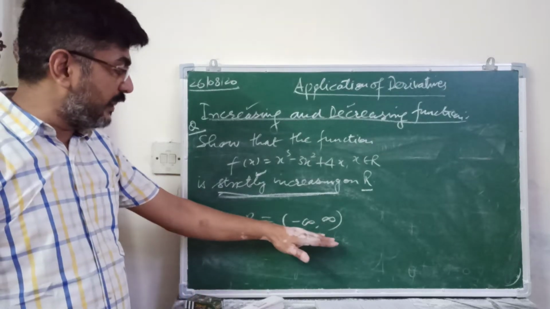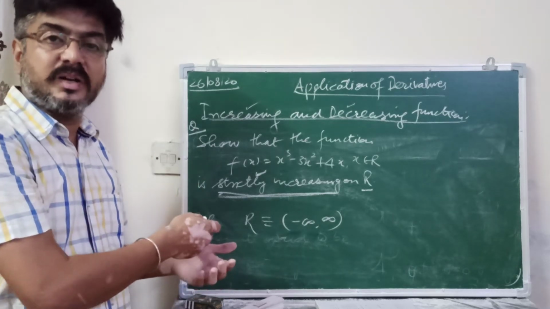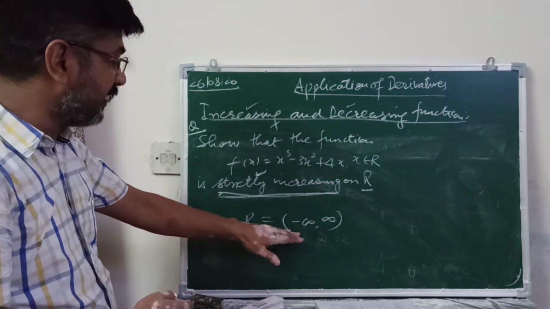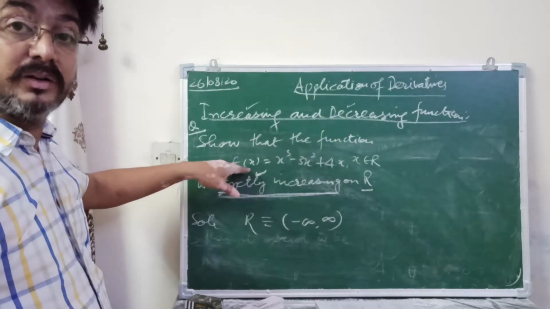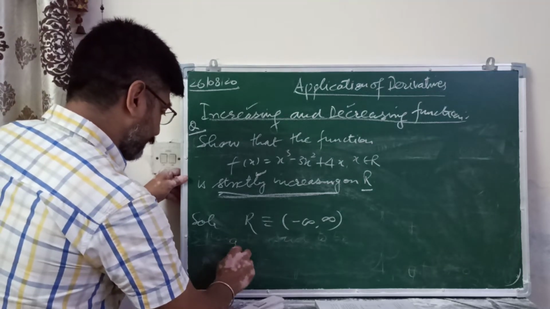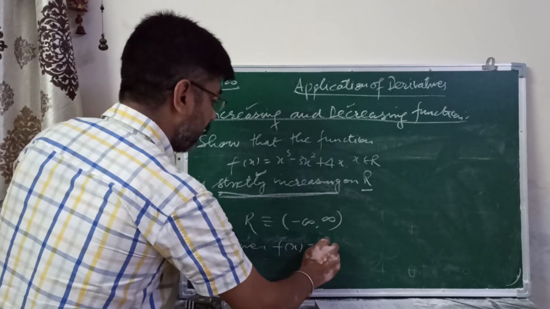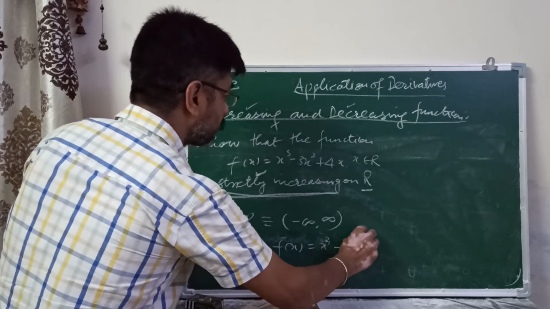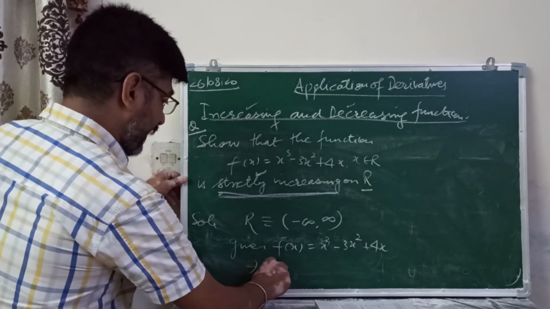So we will prove in open interval, then it will be strictly increasing due to the definition, the first remark given there. Open interval we are using, then it will be strictly increasing, but we will have to prove whether it is increasing or decreasing. So we are given f(x) equals x cube minus 3x square plus 4x. Then what about f dash x?